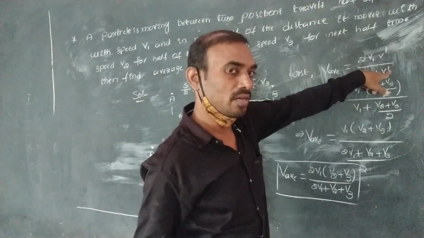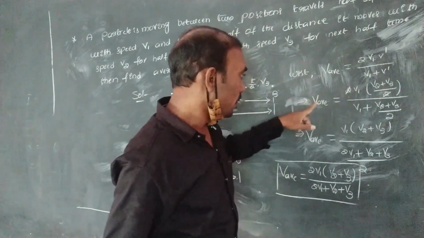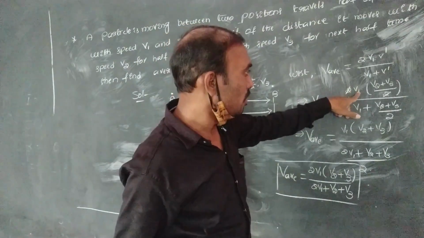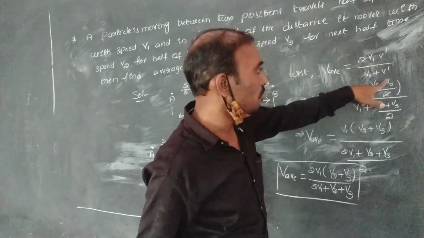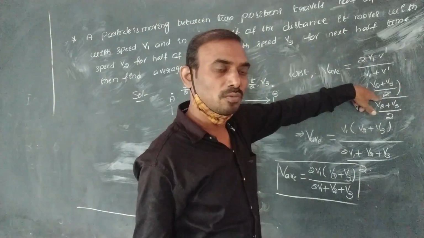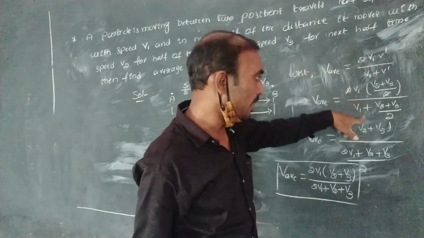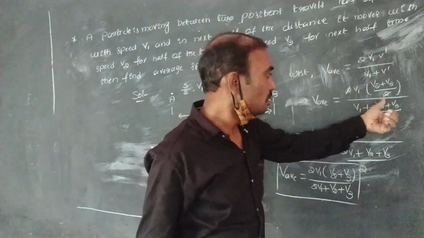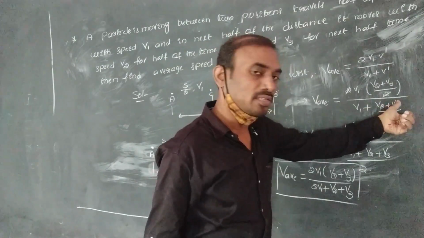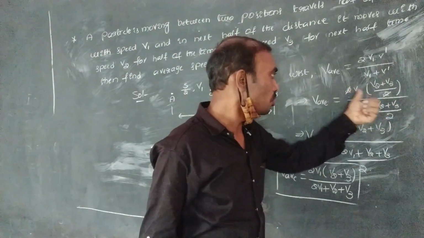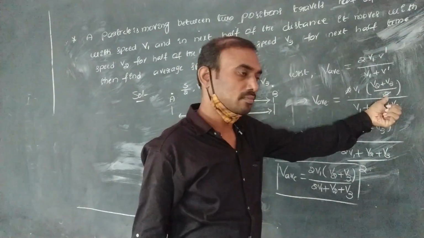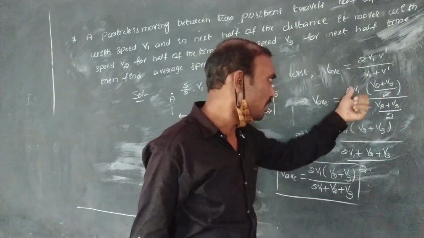Then average speed equal to 2 V1 into, we know that V dash equal to V2 plus V3 by 2, by V1 plus, in place of V dash, V2 plus V3 by 2. Here 2 will cancel. What is the remaining value in numerator?